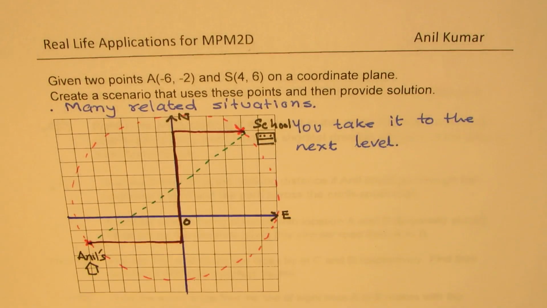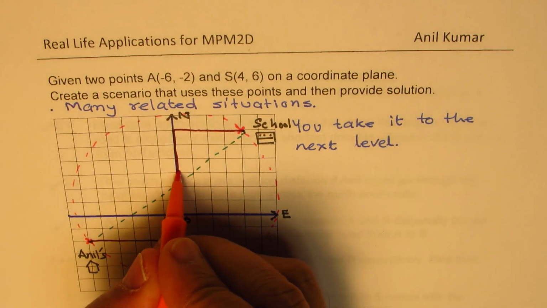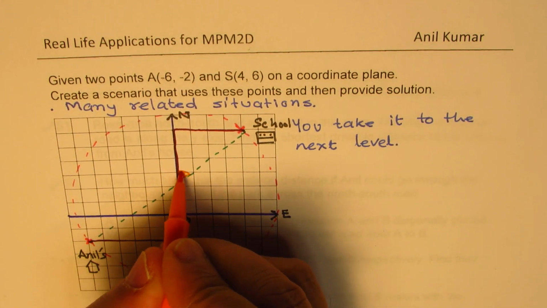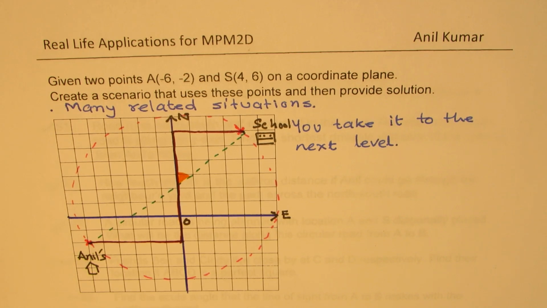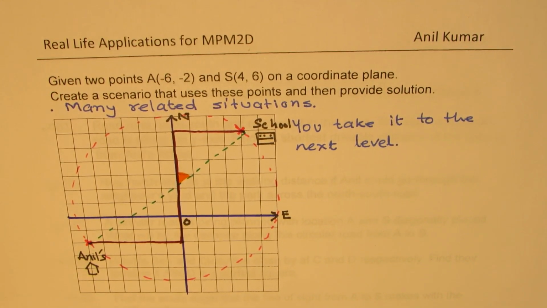So we really want to figure out what this angle is. In this particular video, we'll just talk about these 4 situations, and you can now introduce more trigonometry, similar triangles, area of triangles, and so many other things to make it interesting. So I'll leave it there for you.